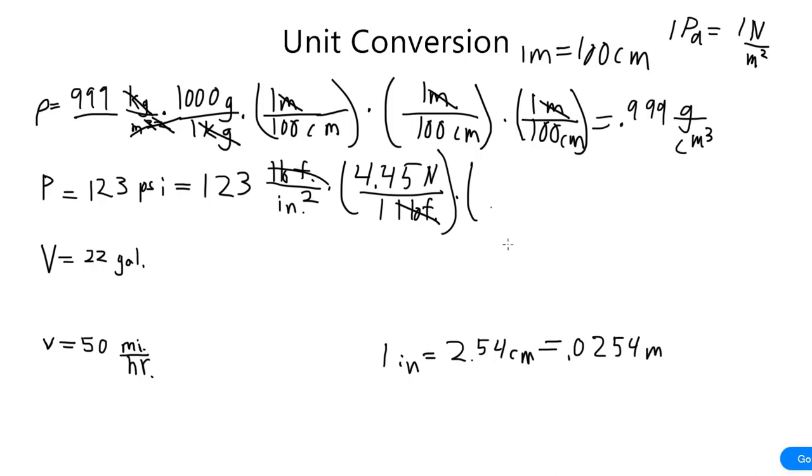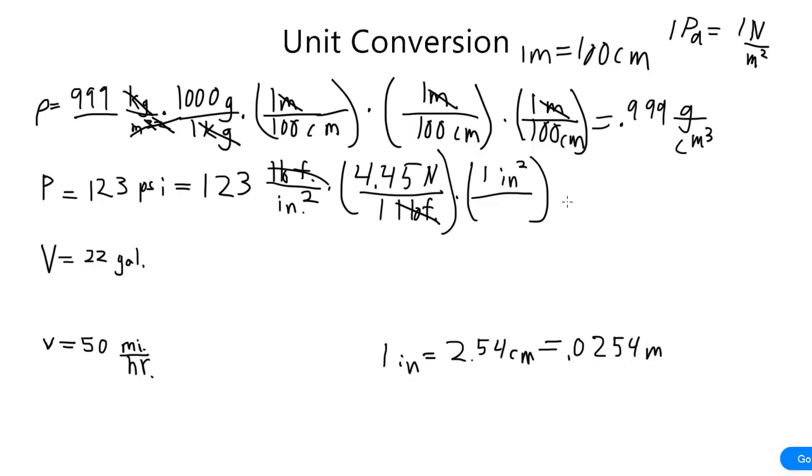Now we need inches in the numerator, so 1 inch squared. And if you're not used to converting right away, just keep doing this. You could have a couple more steps, converting from inches squared to centimeters squared, and then from centimeters squared to meters squared. If you do more steps and you feel more comfortable that way, go for it.